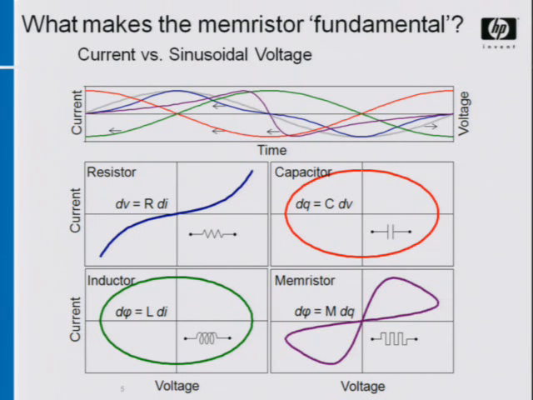Capacitance and inductance look the same in some sense. The reason they're different is because they're 180 degrees out of phase with respect to each other. And then, of course, the memristor has this interesting pinched hysteresis loop, which can only be described based on this idea of the state variable and how the state variable varies in time.